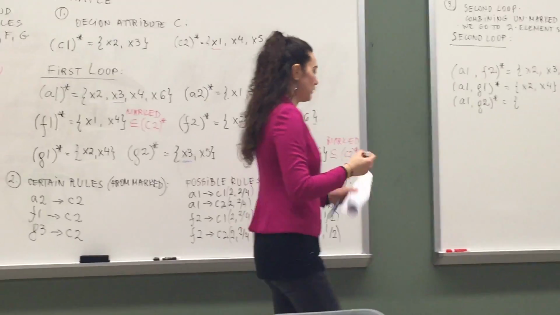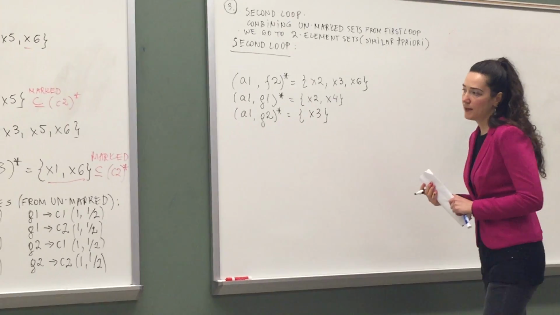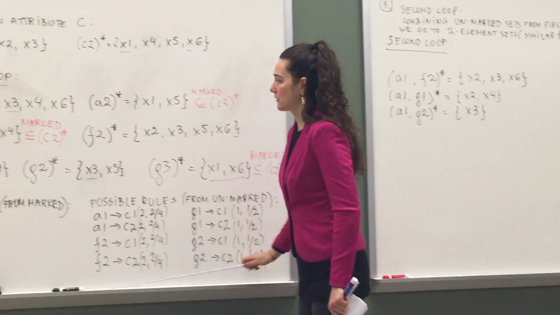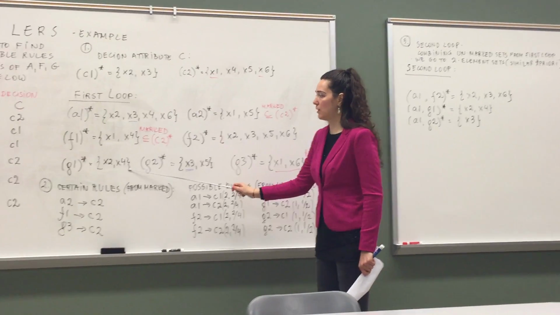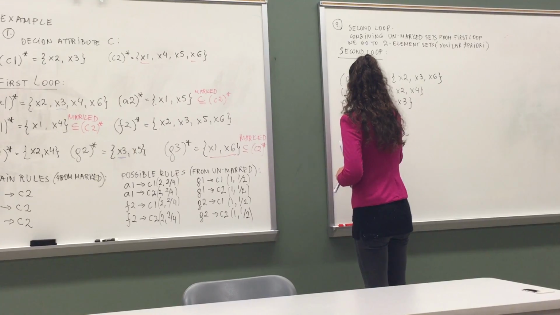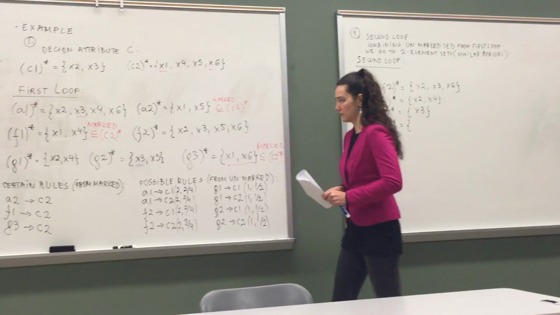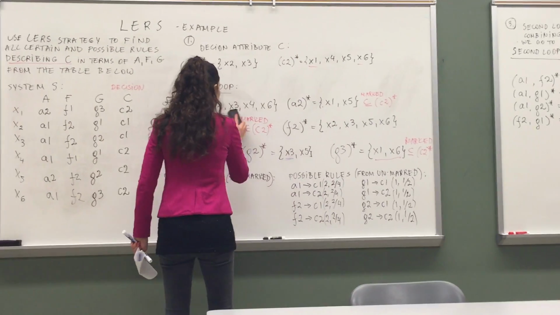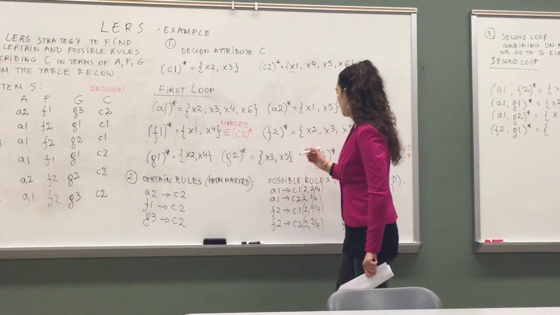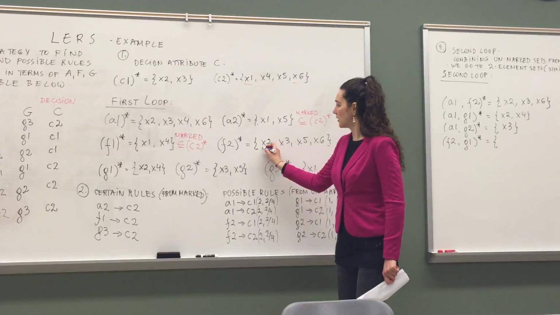So this is equal to X3 here. Next, F2 and G1. So between F2 and G1, is there intersection? X2.